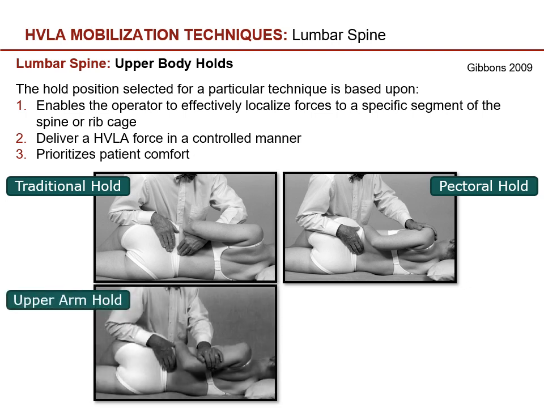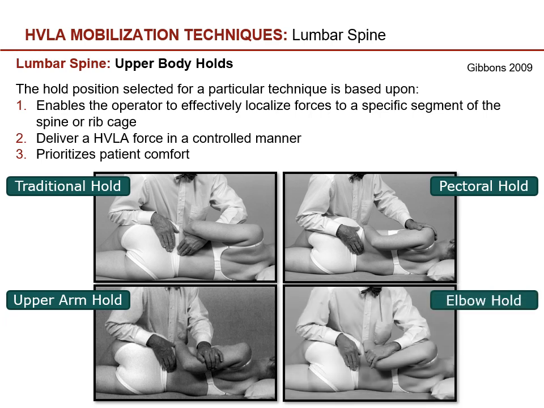Upper arm hold is where you can actually utilize the arm of the patient as leverage or as a stabilizing force. The challenge here is that because you're now one joint removed from the torso, there can be a loss of stabilization at the joint of the shoulder. And then you can also use the elbow hold.